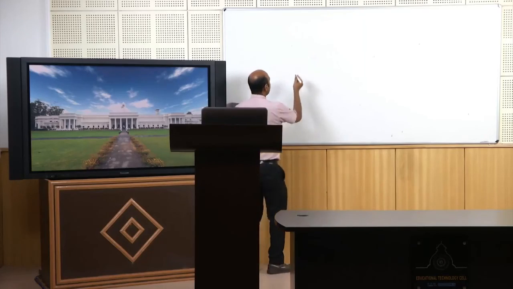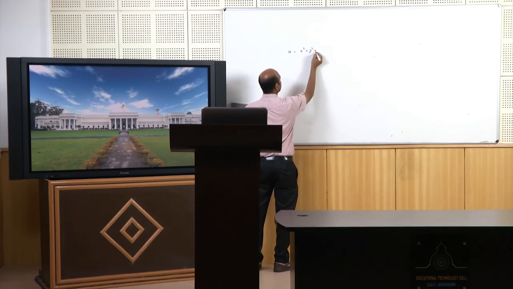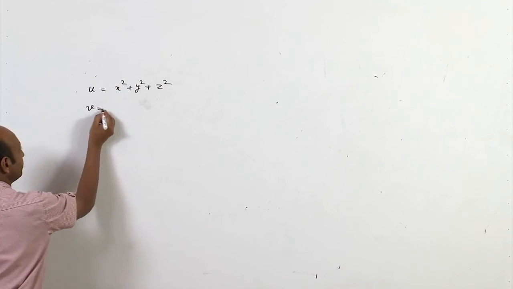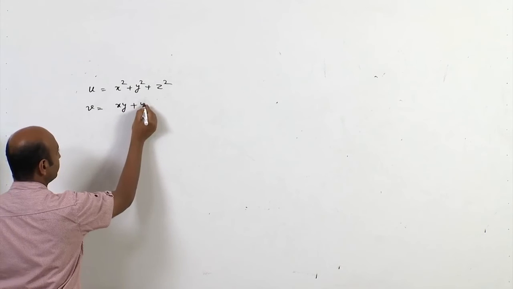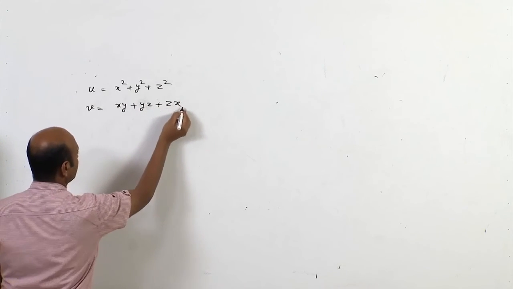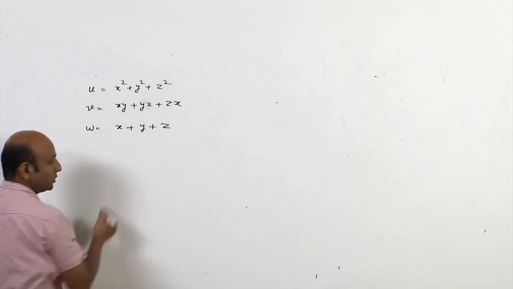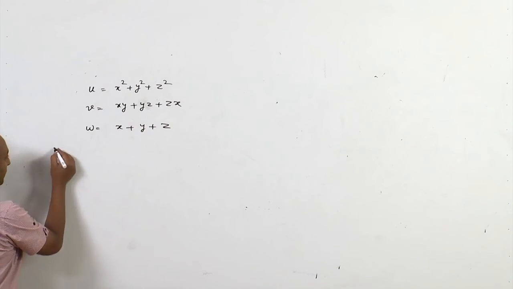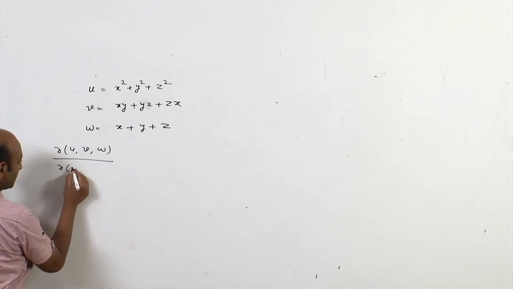Now, the second problem: u is x square plus y square plus z square, v is xy plus yz plus zx, w is x plus y plus z, and you have to compute del(u,v,w) upon del(x,y,z).